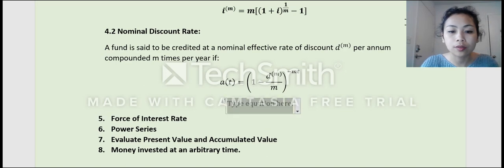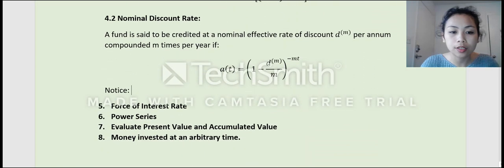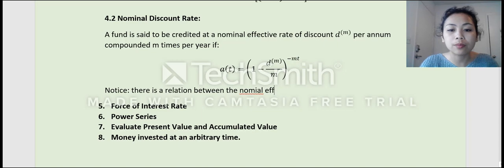And a connection. Notice there is a relation between the nominal rate and the effective rate of discount.